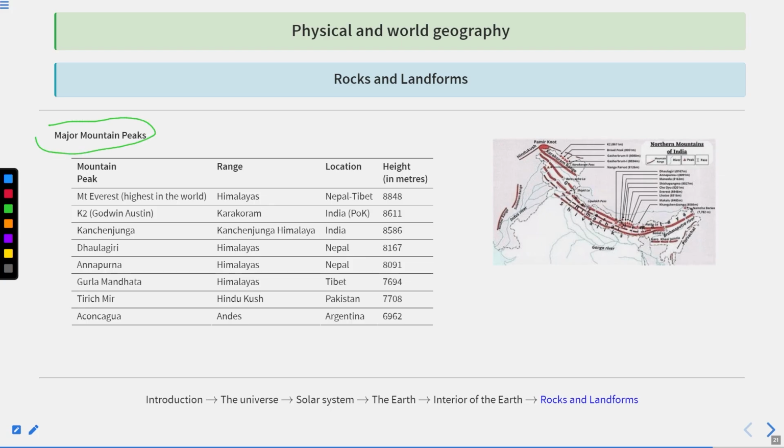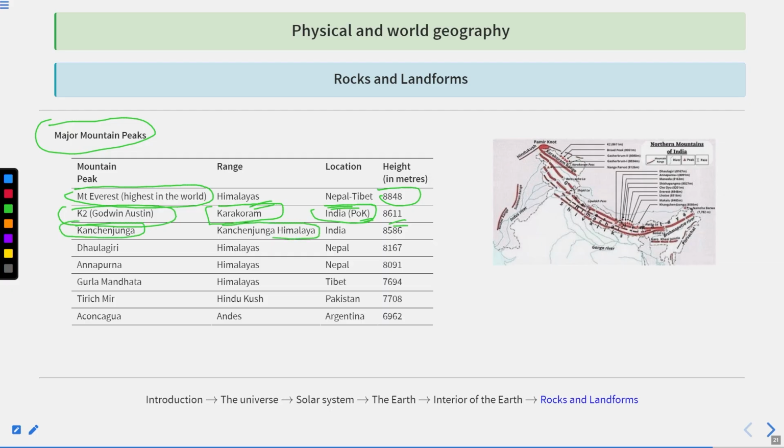Now, if we talk about the major mountain peaks: Mount Everest, the highest in the world, lies in the Himalayan range. Location is the Nepal-Tibet border. The height is 8,848 meters. K2 Godwin-Austen, range is Karakoram, lies in India or Pakistan-occupied Kashmir. Height is 8,611 meters.